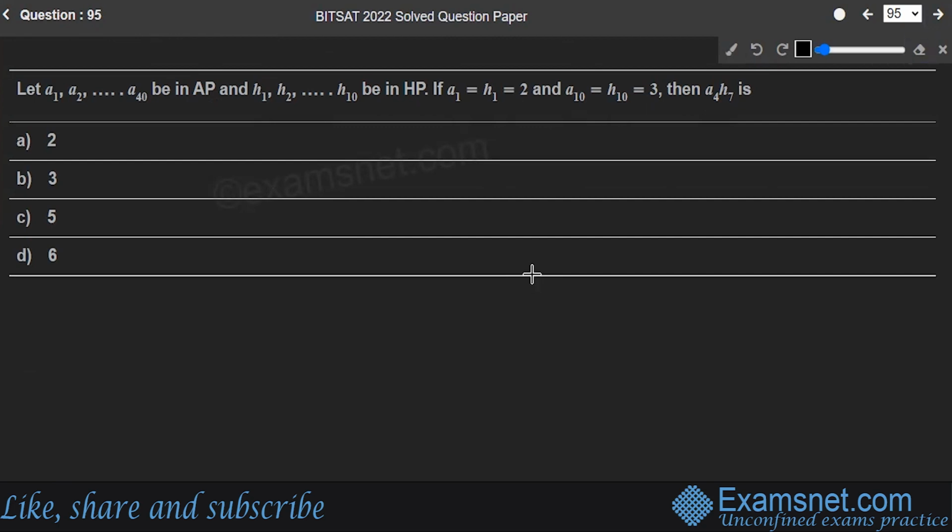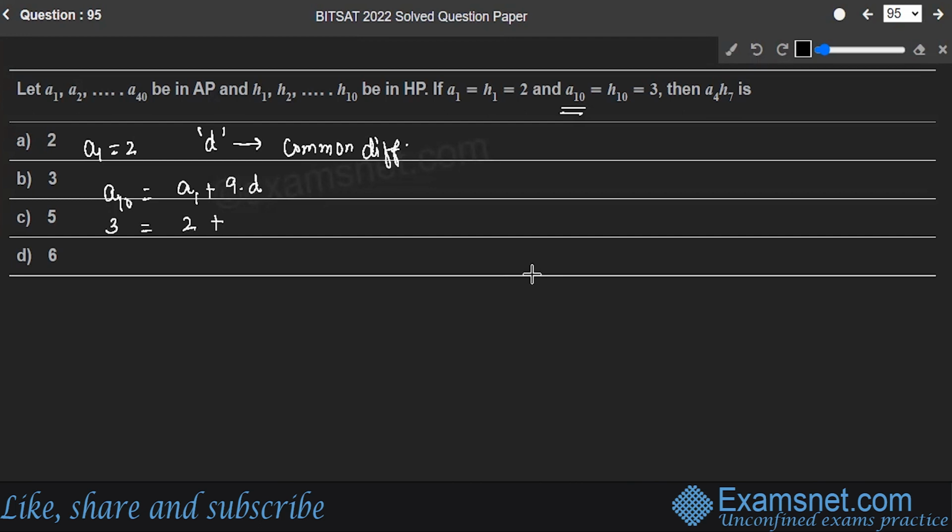So I'll talk about the AP first. You are given that A1 is equal to 2. Let the common difference be D. So what will be A10? A10 is also given to me. A10 will be given by first term plus 9 into D. A10 is given to me as 3.